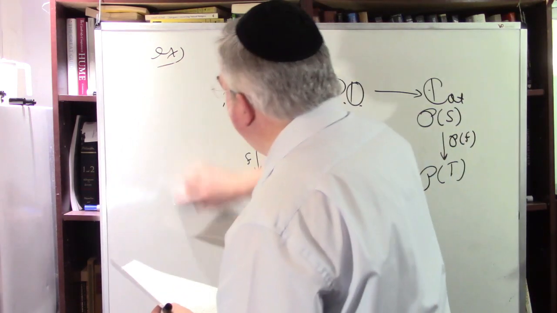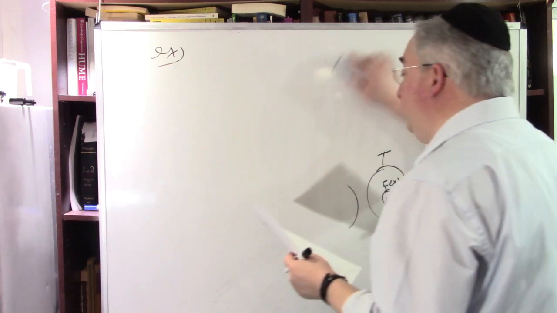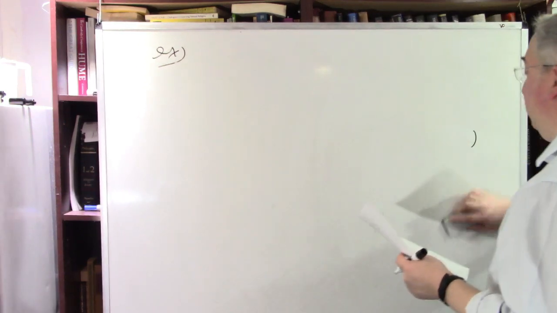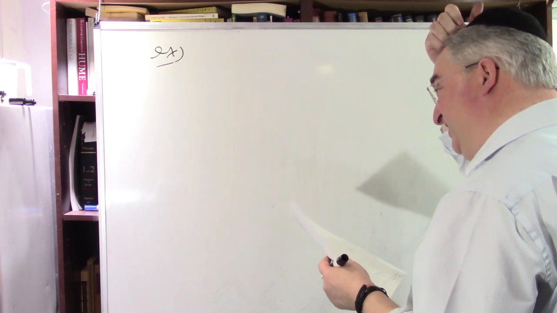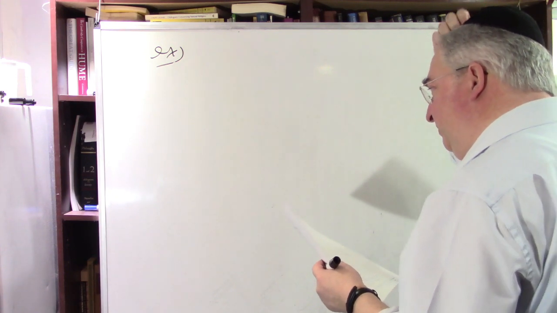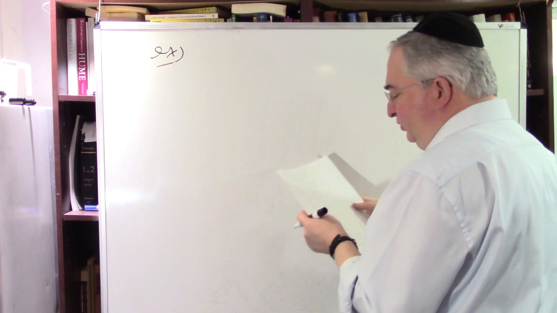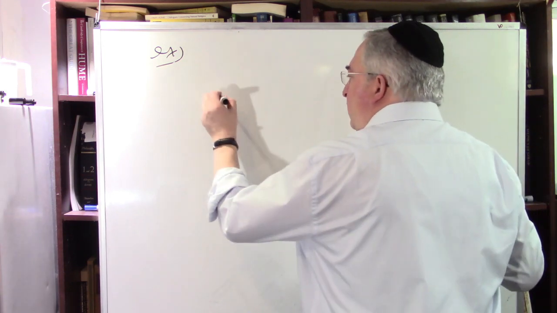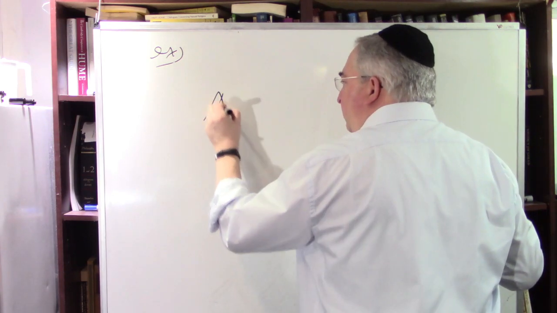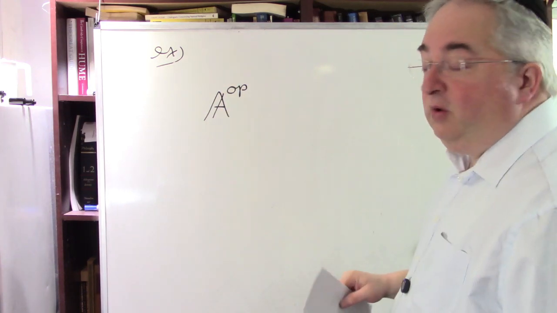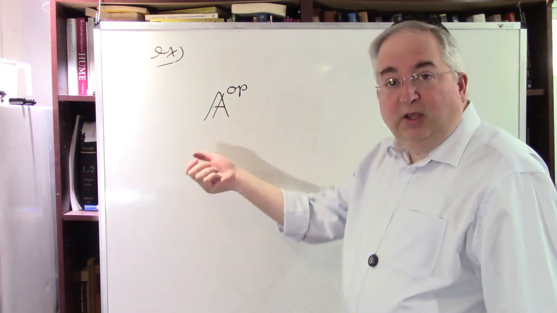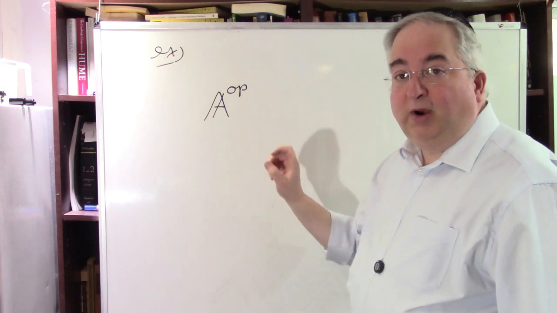Okay, one more example of something we saw already, but we didn't see it as dealing with categories, as the category of categories, but we're going to do it again. So remember this, you take a category and you take the opposite of it. What is that? Well, the objects are the same and you turn all the morphisms around.